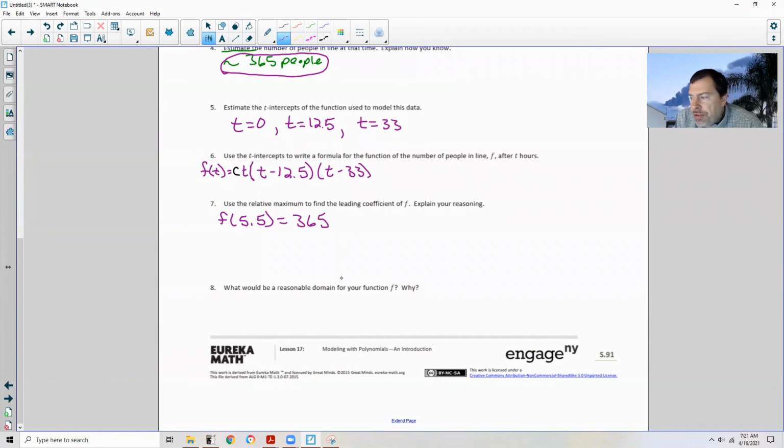That's what I'm going to start with. So we can plug in 5.5 into this function above right here and find that. So let's do that. So if I take f of 5.5, that is going to equal c times t.